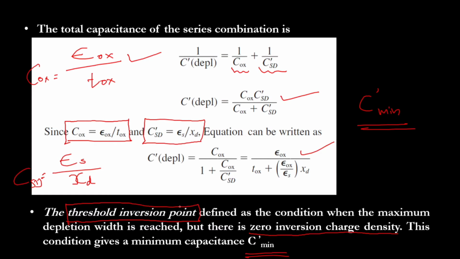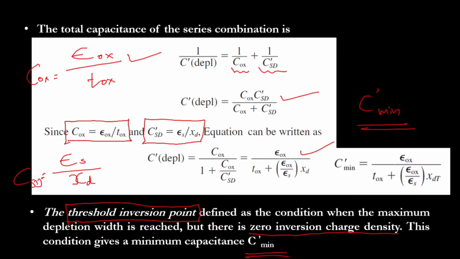The point at which the depletion width is maximum, and at the same time there is zero inversion charge density at the junction, that particular positive voltage is known as the threshold inversion point. At that time there is a capacitance between two parallel plates. That capacitance is known as C minimum, and we usually write it with a T over here.